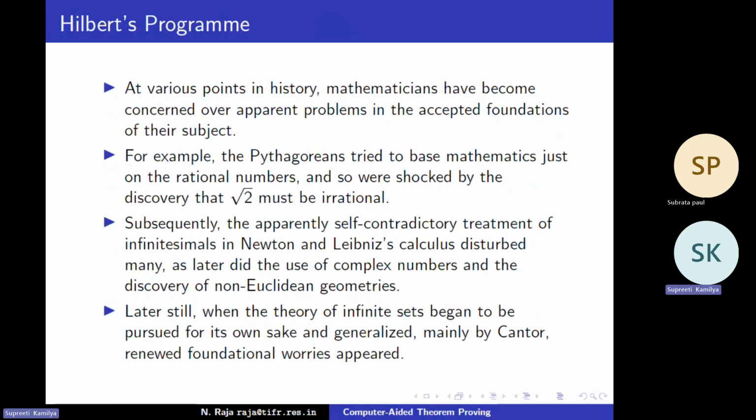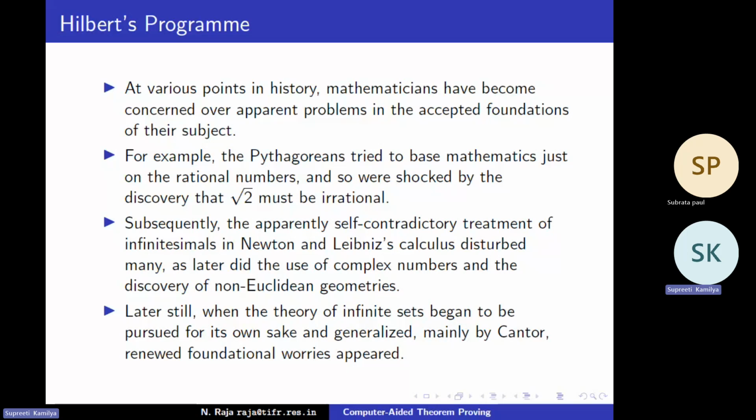At various points in the development of mathematics, people have tried to base the foundations of their subject on very simple, very limited concepts. For example, the Pythagoreans tried to base mathematics just on the rational numbers. Irrational numbers were unknown at that time.